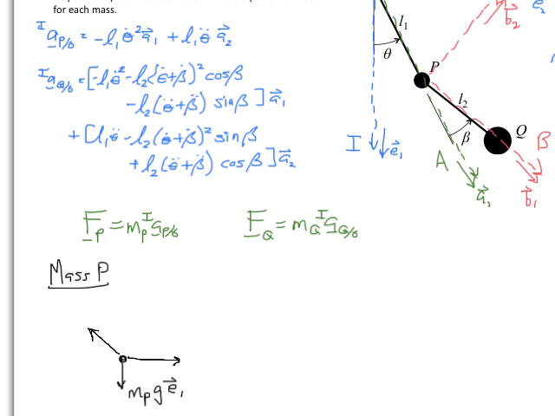We'll call the force along OP F1, and you see that its direction is going to be in the negative A1 direction. So it's negative F1 A1, and then force 2 along link 2 will operate in the positive B1 direction.